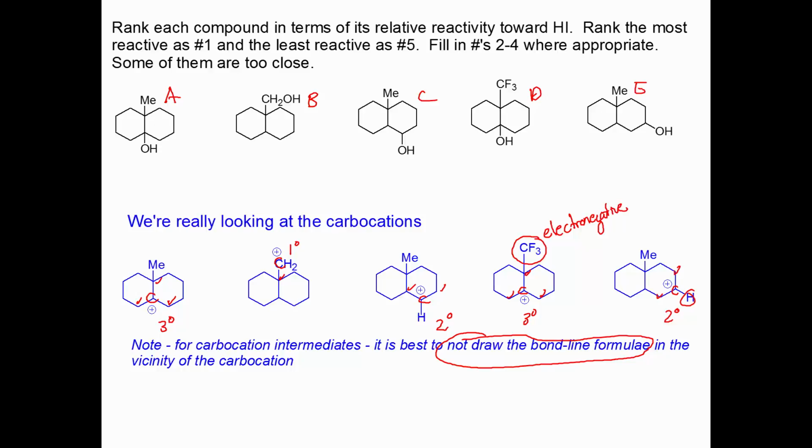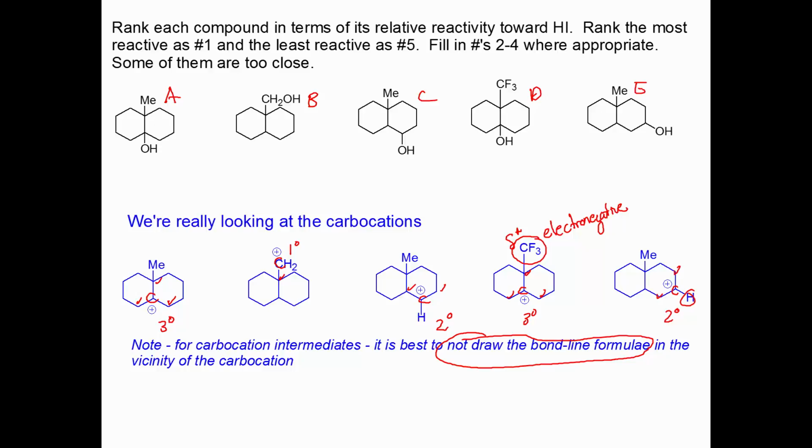All right, so between A and D, we're going to predict that A is going to go faster because of this electronegative stuff here. We have a partial positive at this carbon, and we're getting a full positive and a partial positive a little bit too close to each other, so that's destabilizing it. So we're going to say that A is number 1.